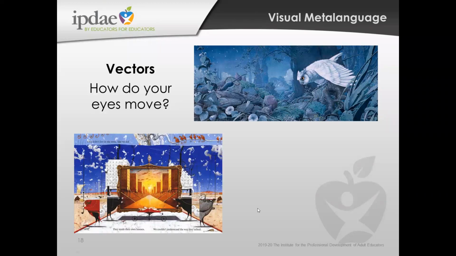How about this one? What are you seeing here? Are you looking at right to left, left to right? Are you looking at inward and then moving outward? Or are you looking at center?